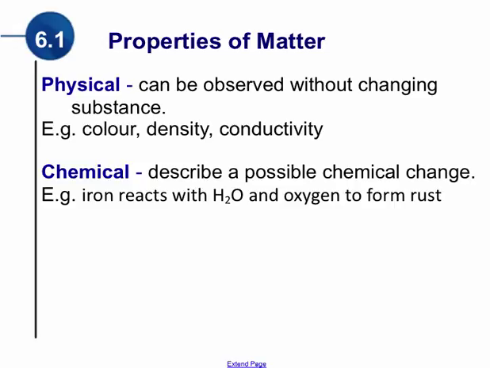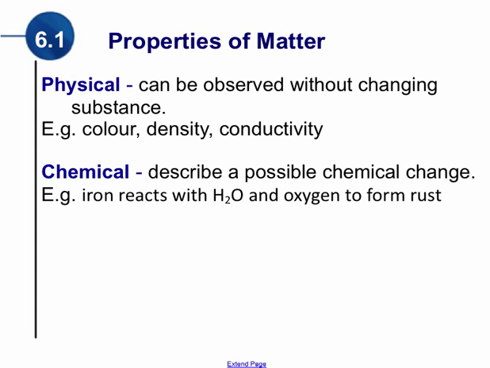Iron, when it's combined with water, H2O, and oxygen, will actually form a new substance, which we know as rust. So these chemical properties can define our substances. Now, physical, we just observe it without changing the substance. Chemical, though, would actually create a chemical change and get a new substance.